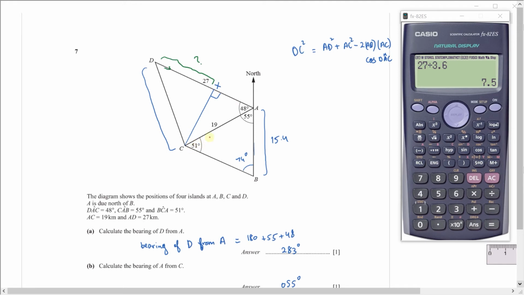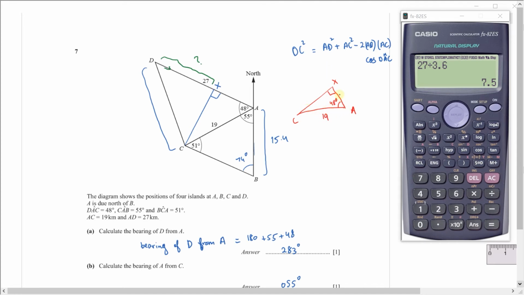If I look at this triangle ACX, let me draw this triangle here. This is the 90-degree angle, this is X, this is C, this is A, and this hypotenuse is 19 kilometers, and this angle here is 48 degrees.